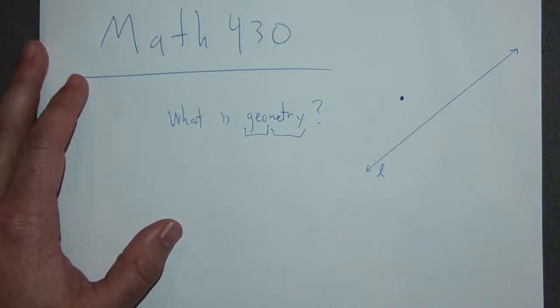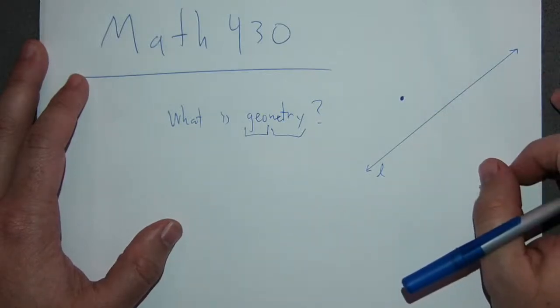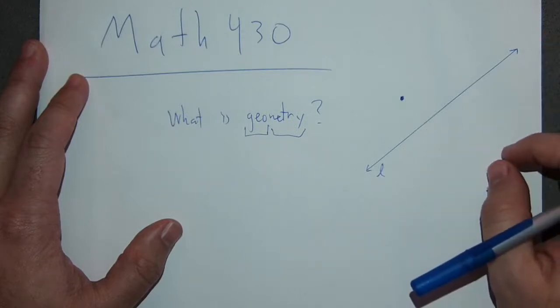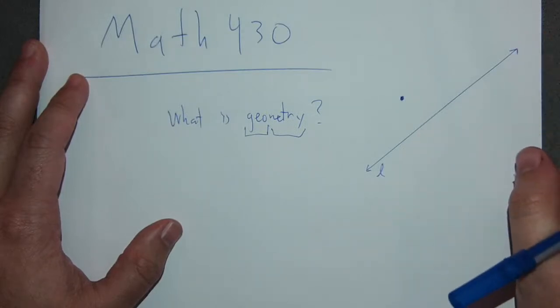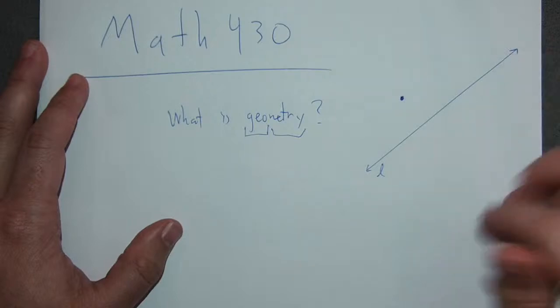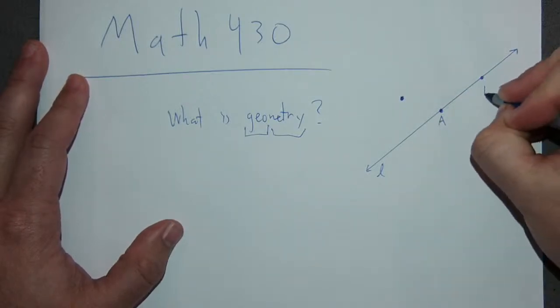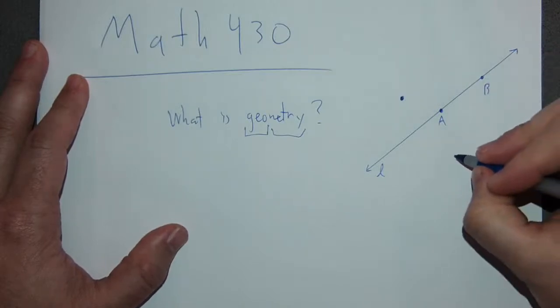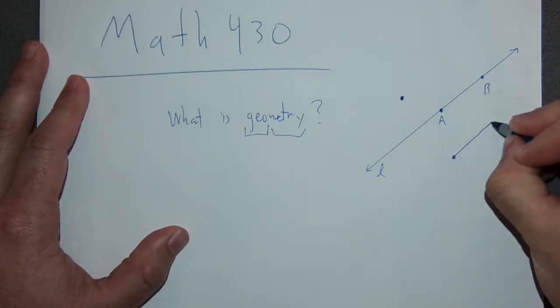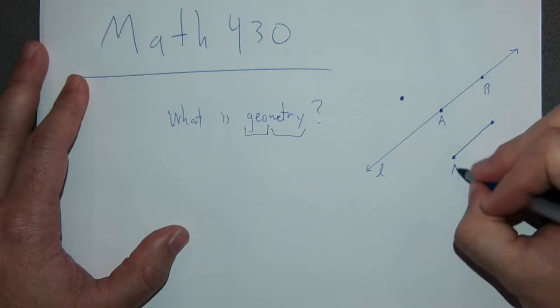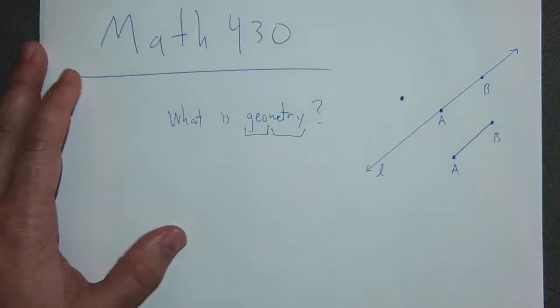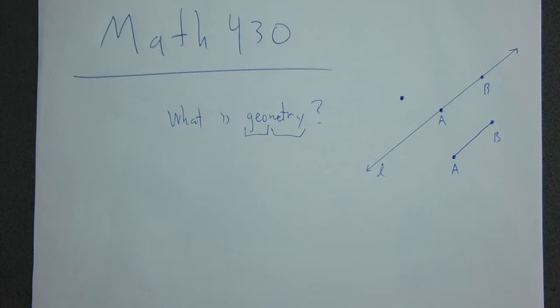So I have points and lines, and then I have pieces of lines, that is, the piece of a line between two points that are on the line. On this line, I pick point A and another point B, and then I can talk about the line segment AB here.